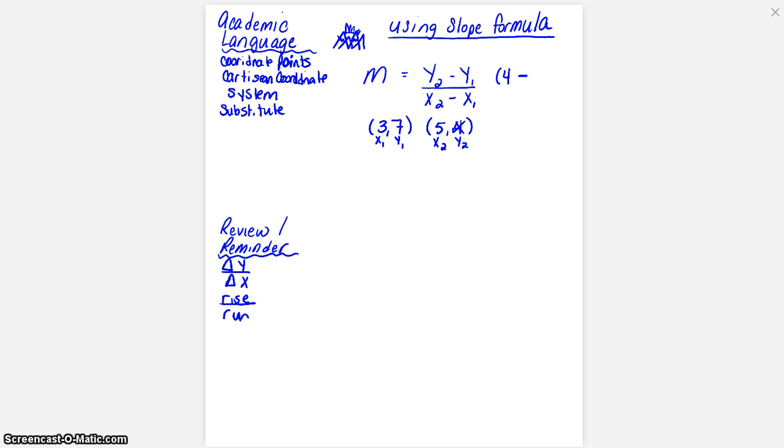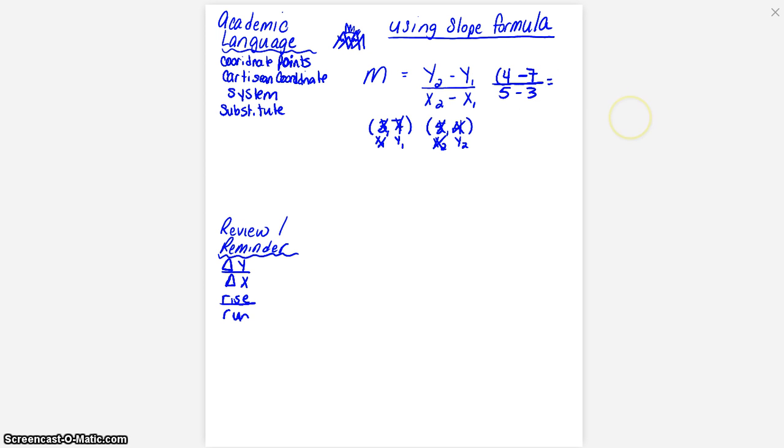Minus y1, which is 7, over x2, which is 5, minus x1, which is 3.